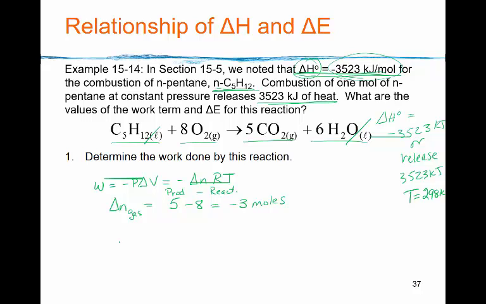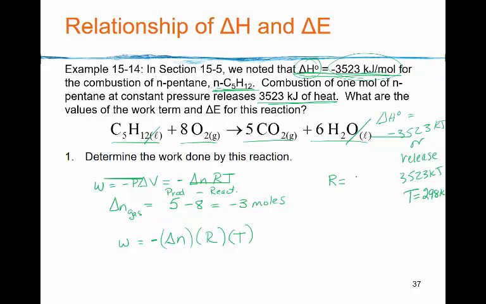So work is equal to the negative delta N times R times T. Do you recall what R is? R is the ideal gas constant.